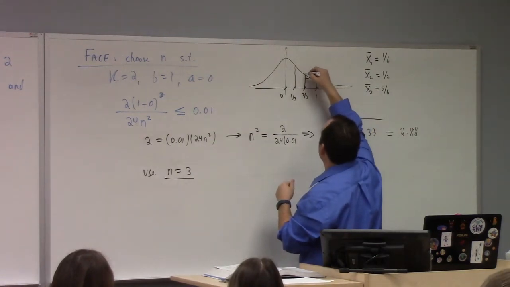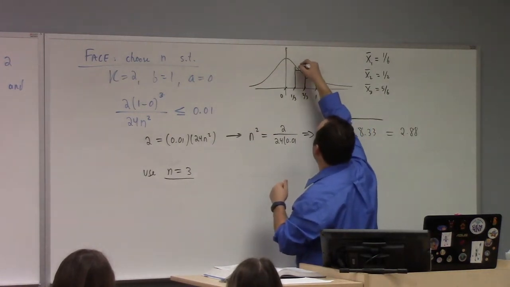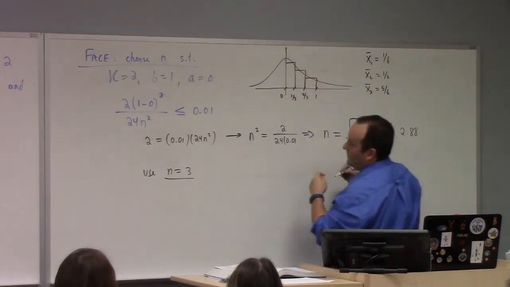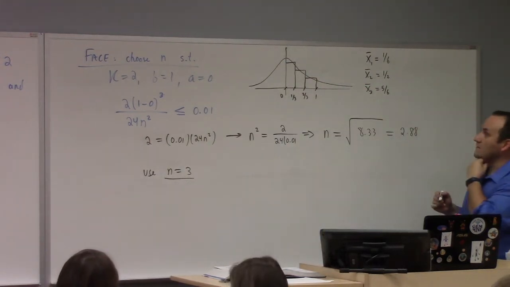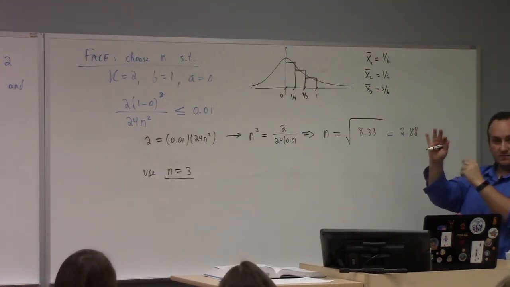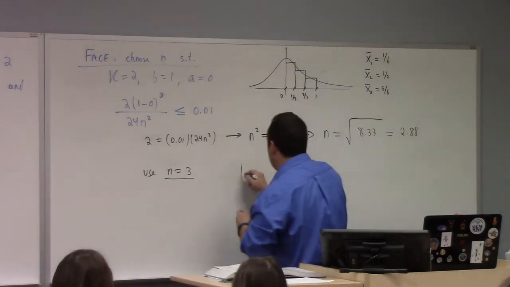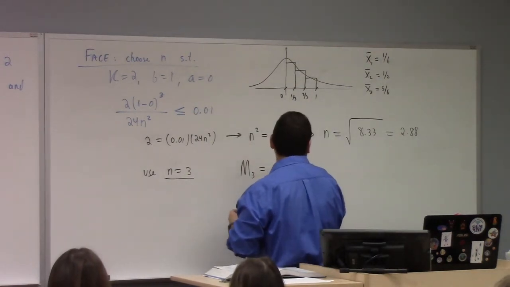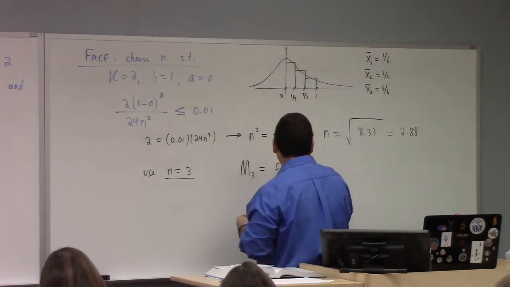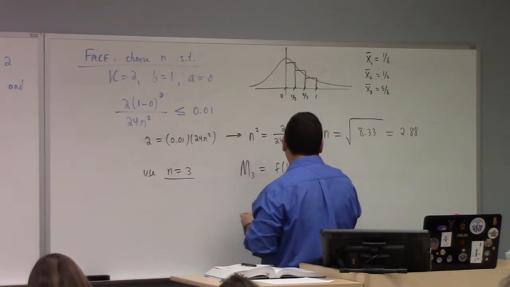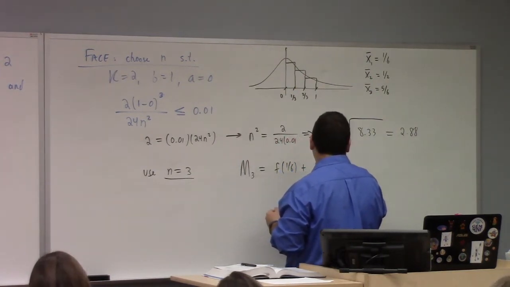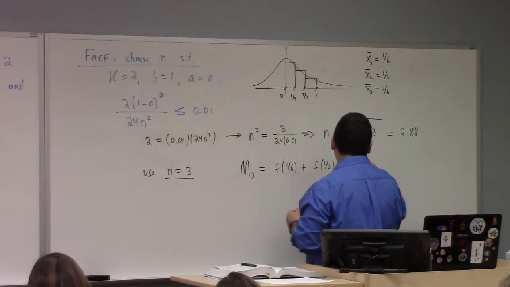All right, so if you believe this, we're saying that picking the midpoint, we can approximate the integral of e to the minus x squared using just three midpoint rule to within 0.01. This is actually relatively easy to calculate. What's m3 equal to? f of 1/6 plus f of 1/2 plus f of 5/6.